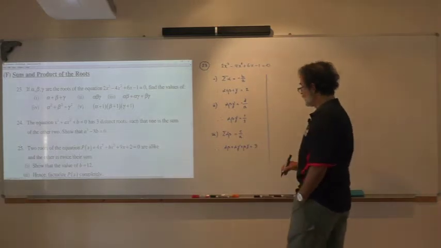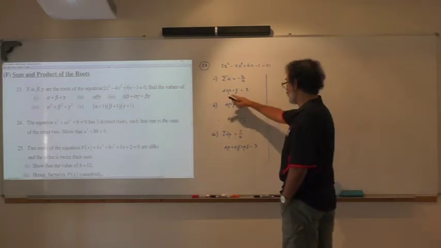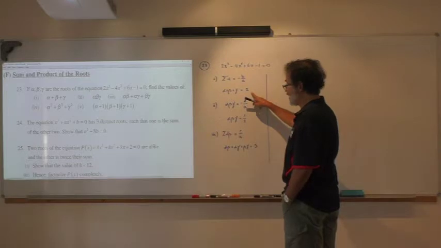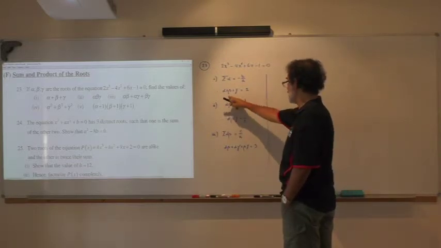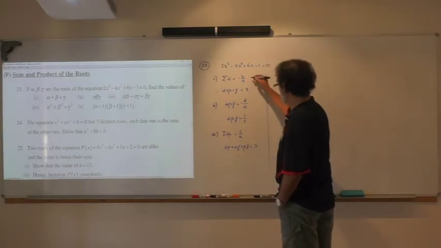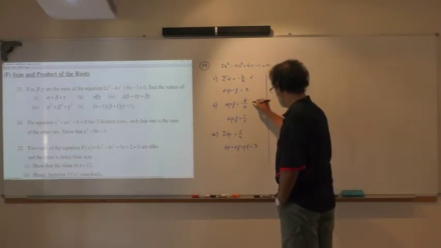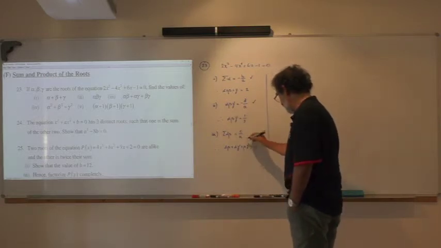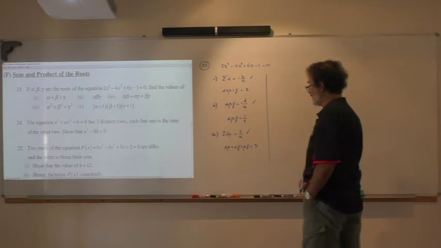So doing this well-known formula is very easy, because we have a formula for each of these three: for the sum, for when you multiply them all together, and for taking them two at a time.